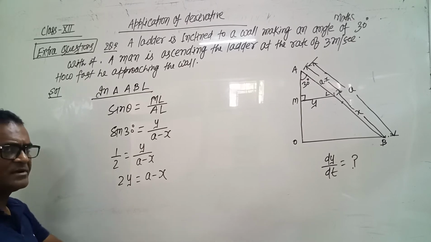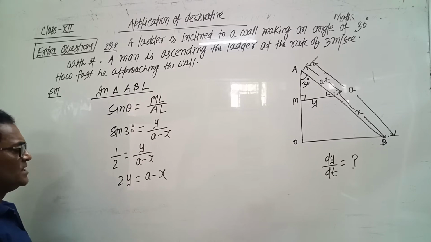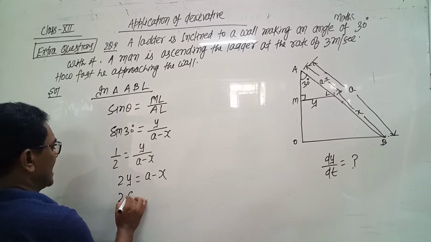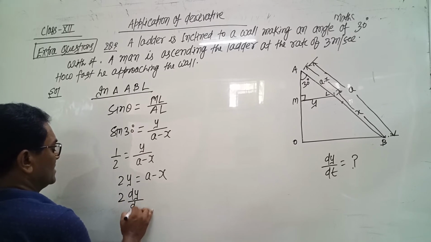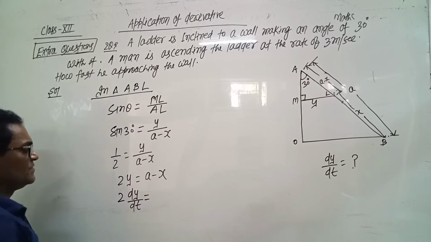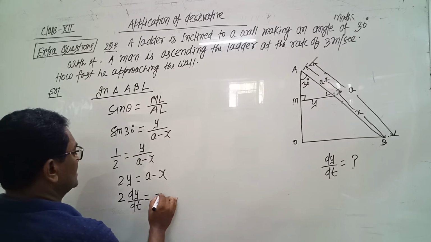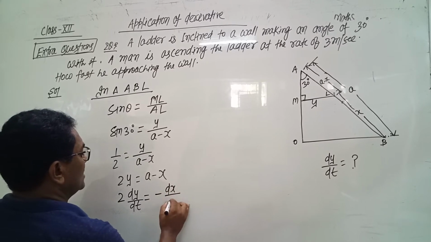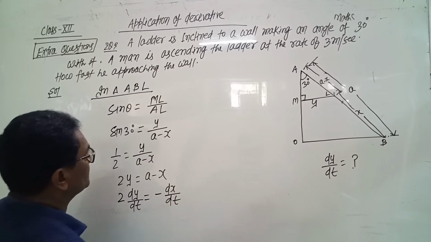So differentiate both sides with respect to t. Differentiation of y with respect to t is dy by dt. A is a constant term, its differentiation is 0, and differentiation of x is dx by dt.